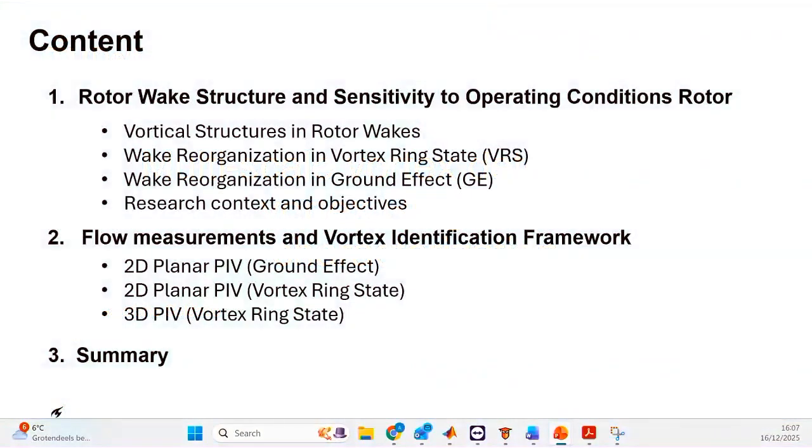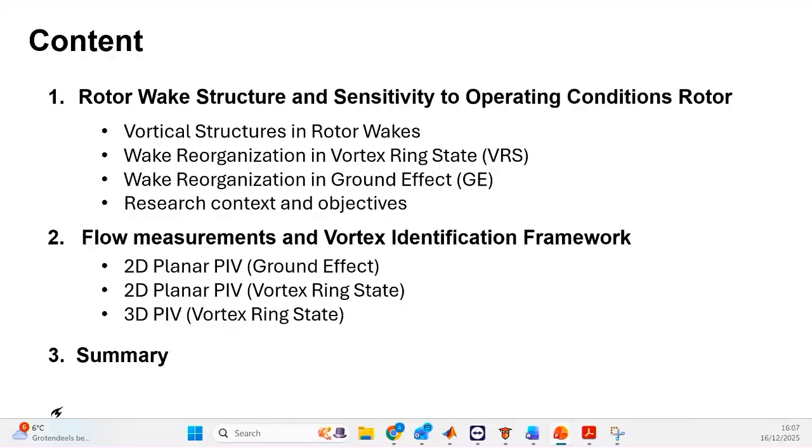During this conference, we have been discussing the definition of the vortex and also different vortex identification methods. Today I would like to discuss how we use the different methods in the context of rotorcraft flow.